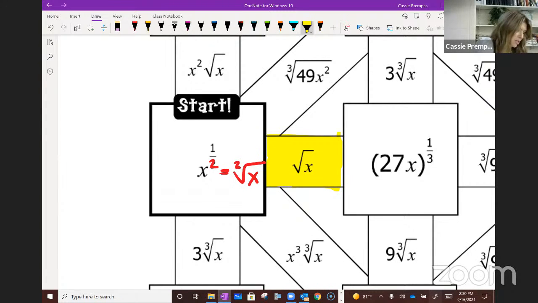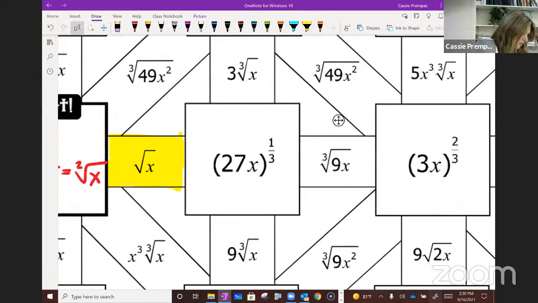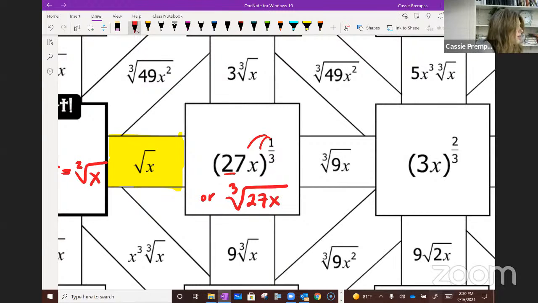And then that points me to the next box, 27x to the 1/3. Now, notice the 27 is in parentheses. So you have two options. You could apply the 1/3 to both of them and then convert to radical, or you could put the cubed root over the 27x underneath. What you have to recognize is the 1/3 is being applied to both.